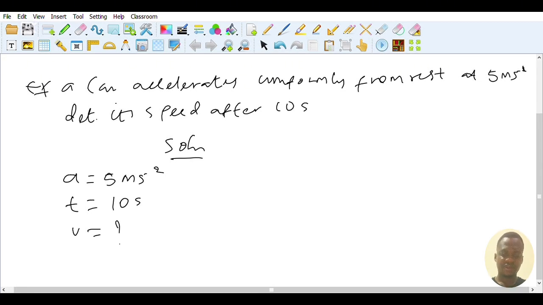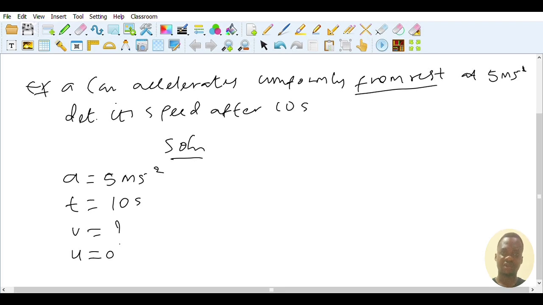If a car accelerates, it means that it had an initial velocity before it accelerated, and after 10 seconds there's going to be another velocity, which is the final velocity. Anytime something accelerates from rest, initial velocity is going to be 0.